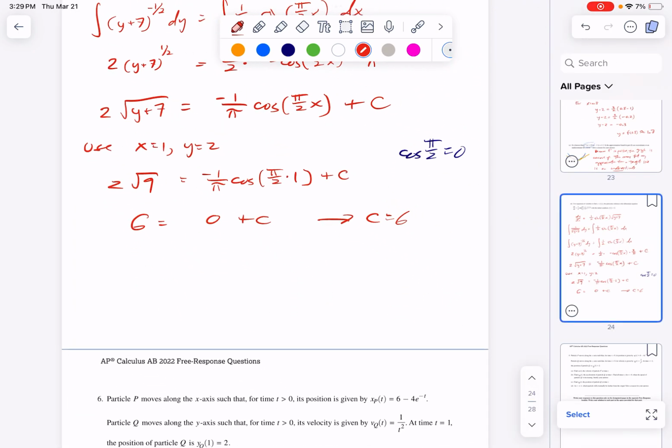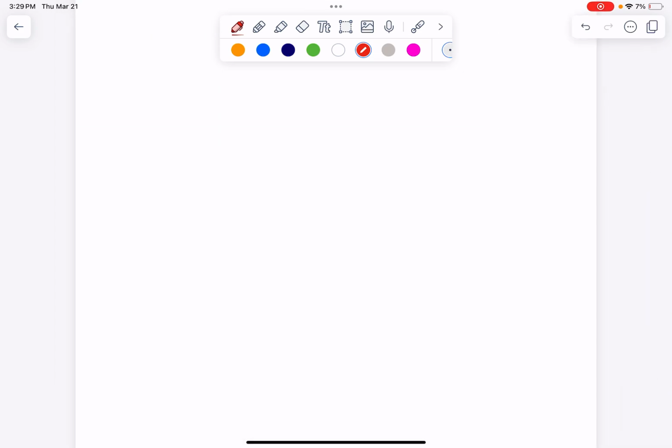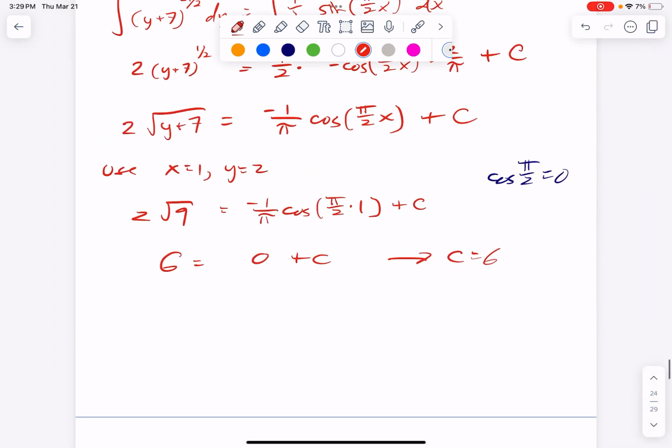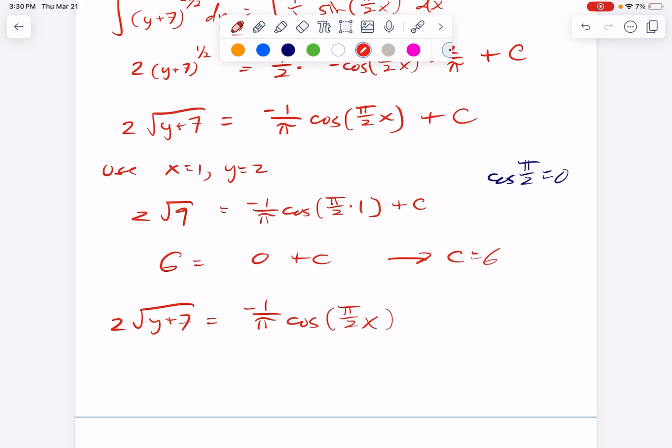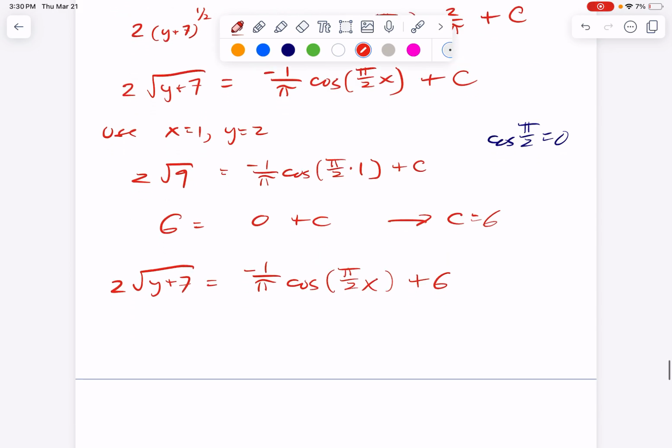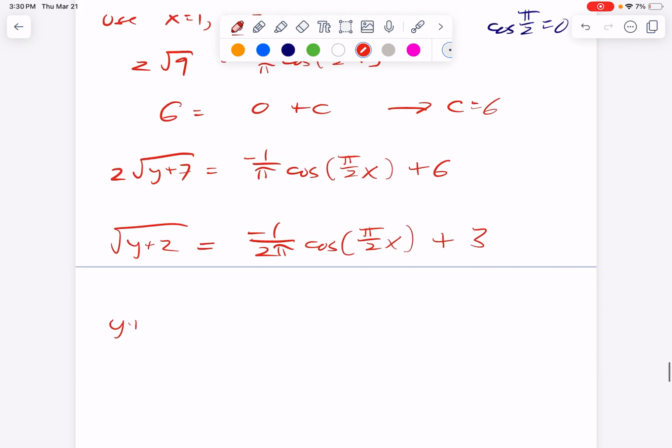Now let's continue the problem. So going back here, I have 2 root y plus 7 equals negative 1 over pi cosine pi over 2x plus 6. Now we just want to solve this for y. I will divide by 2. I will square both sides.